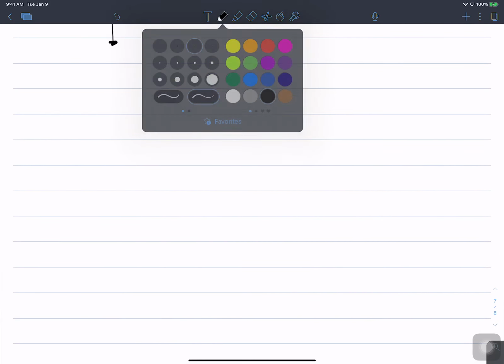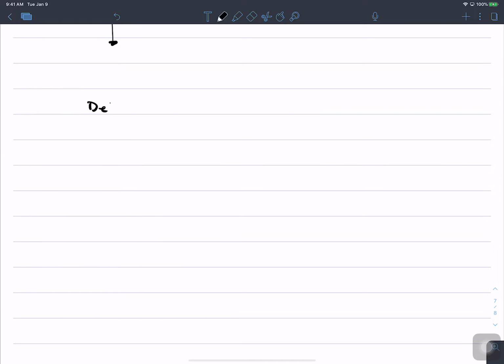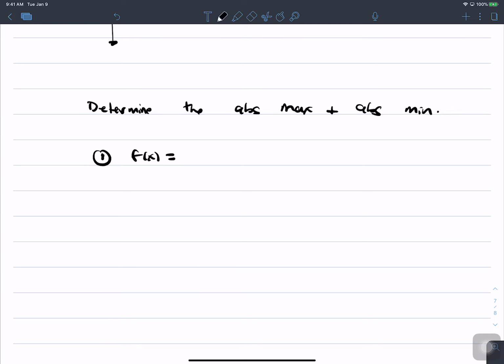So, for example, they're going to say, determine the absolute max and min. In the first example, they're going to give you a function and an interval. I'm just going to look in your book and find a function.